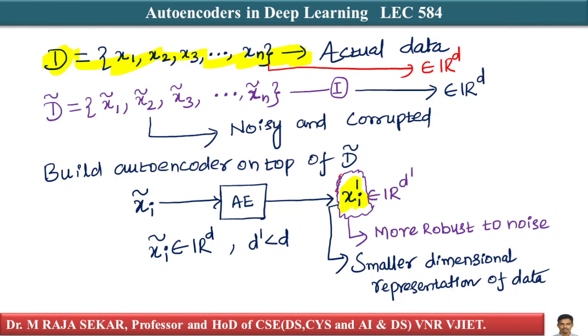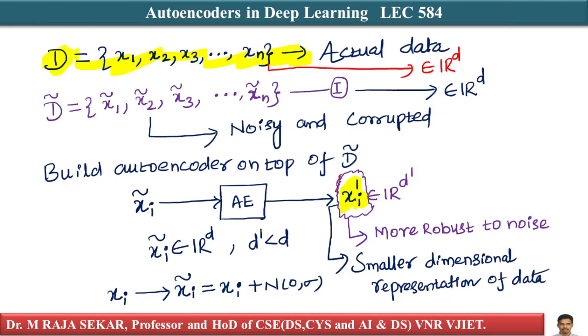When people want to denoise data, what they do is this: they take xi in the original data set and they convert it into xi tilde if it is not available, by just adding some Gaussian noise, isn't it?